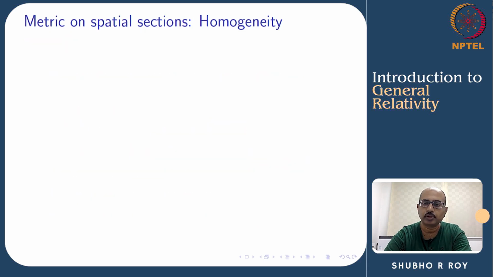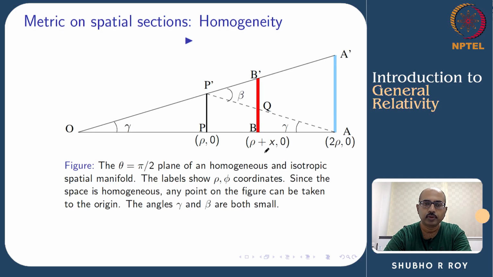Metric on spatial sections. Now we use homogeneity. So what I have here is this diagram. You can see this set of points O, A prime, B prime, P prime. These are all points on the equatorial plane, that is, the theta equals pi by 2 plane. Because it is on the theta equals pi by 2 plane, each point is given by certain coordinates, which are rho and phi coordinates. For example, the origin, I can take rho equal to 0.